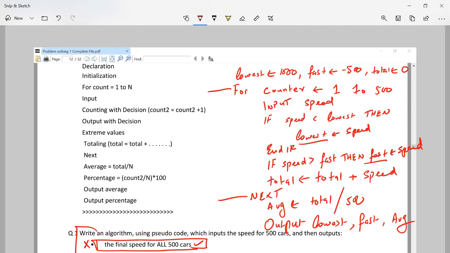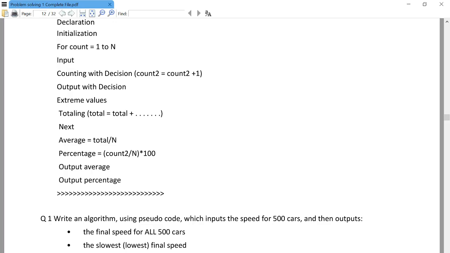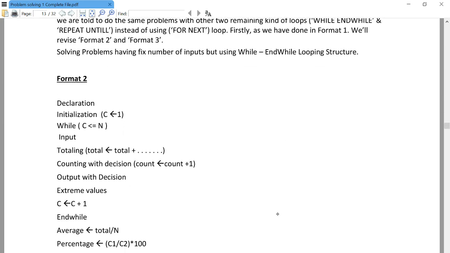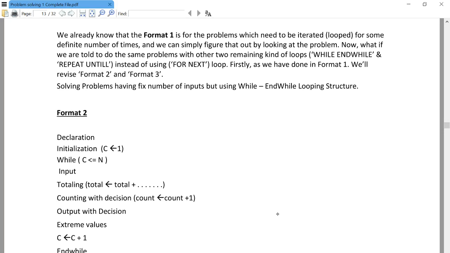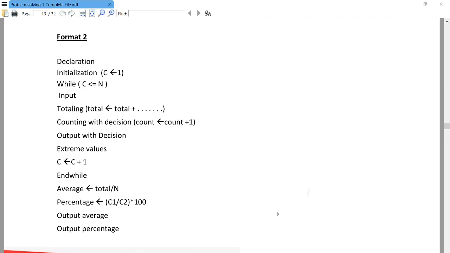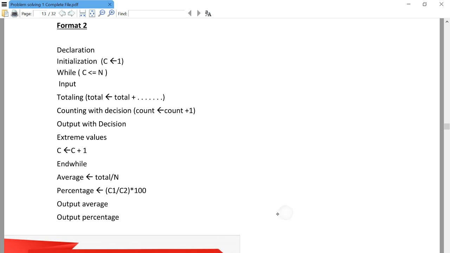Instead of for next, if I have to solve the same question using some other looping structure, if you have a look here in the same notes that we have provided you with, you will find that there are definitely more practice questions. And after that, format 2, if you want to use while and end while for a fixed number of inputs.